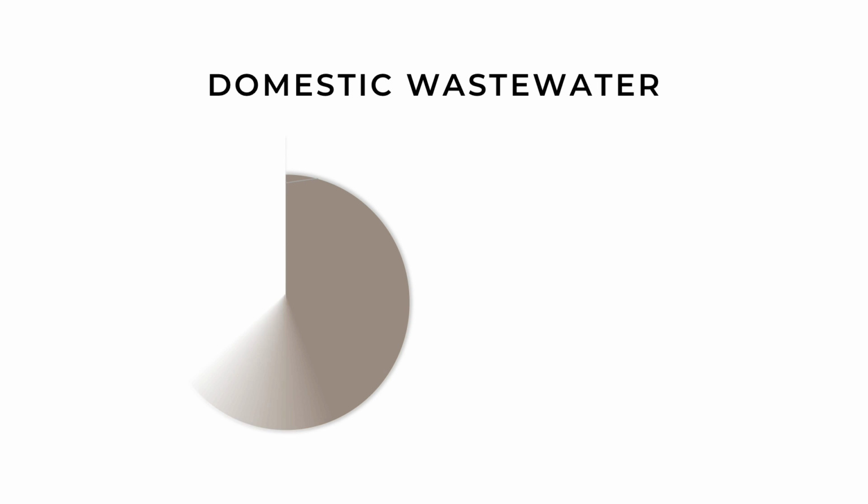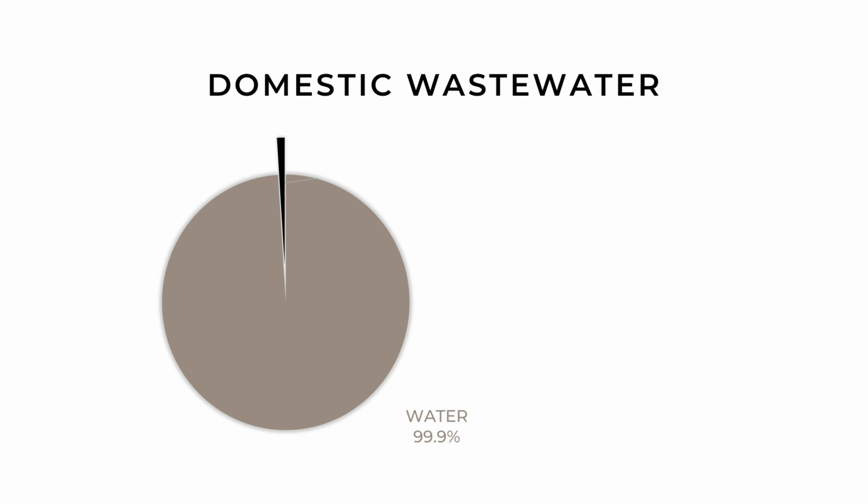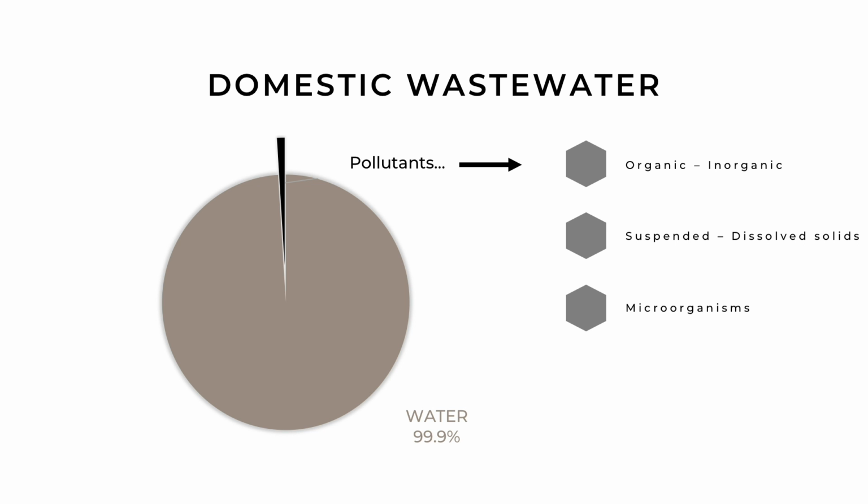Domestic sewage contains approximately 99.9% water. The remaining part contains organic and inorganic suspended and dissolved solids together with microorganisms. This 0.1% pollutes the water and makes wastewater treatment necessary.